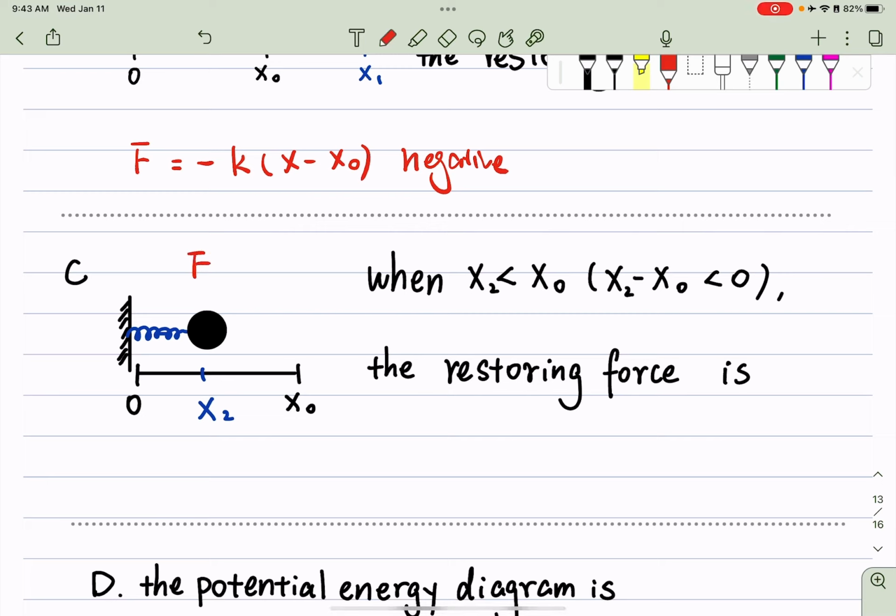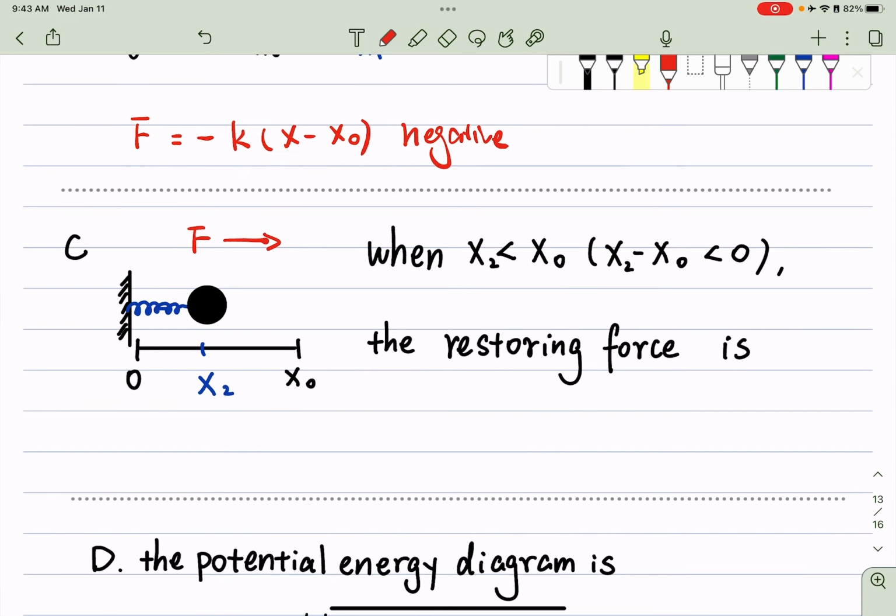So F goes in the right direction. Again, due to Hooke's law, F equals negative K times (x2 minus x0), and that's a positive number. So that's what we're talking about with force.